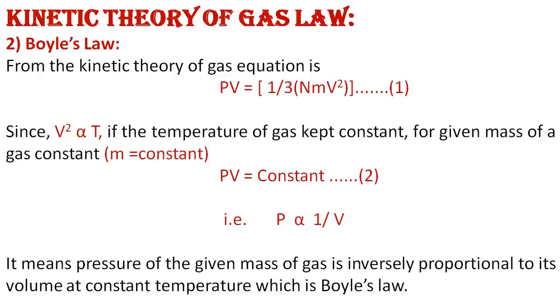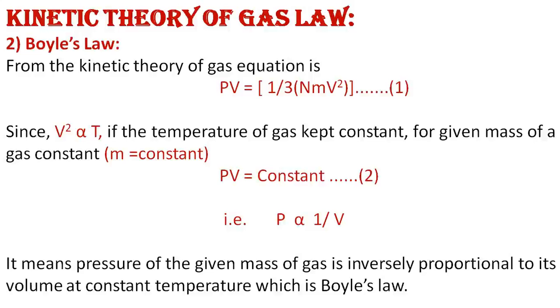Here mass is constant, velocity is constant, and number of gas molecules is constant. So P is directly proportional to 1 upon V. It means that the pressure of a given mass of gas is inversely proportional to its volume at constant temperature, which is Boyle's law.